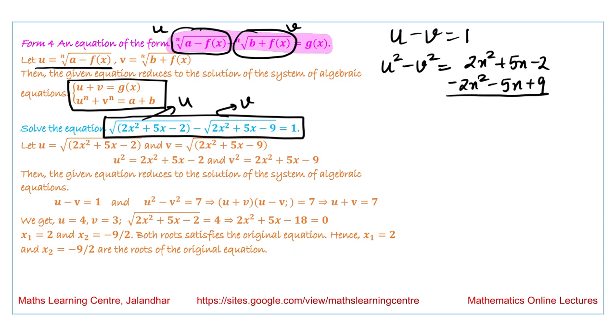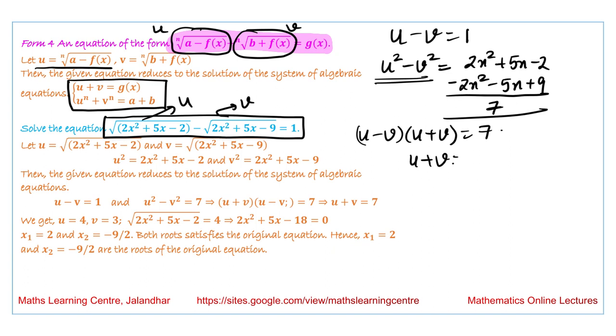If we add both these values, the answer we obtain is 7. So we have these two equations, and from this we can write u minus v into u plus v is equal to 7. So we obtain u plus v is equal to 7.